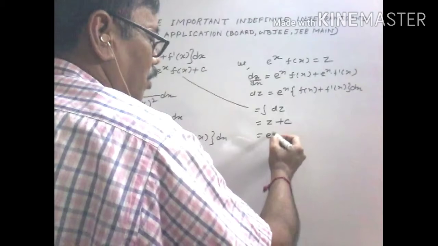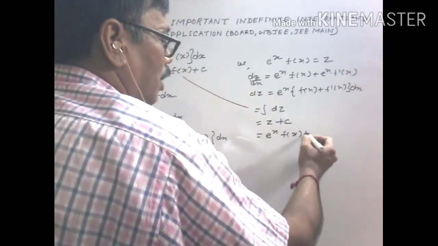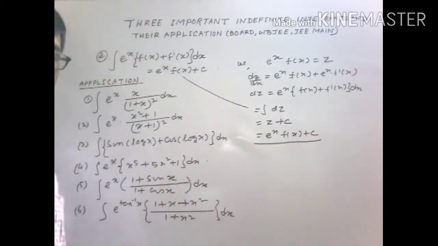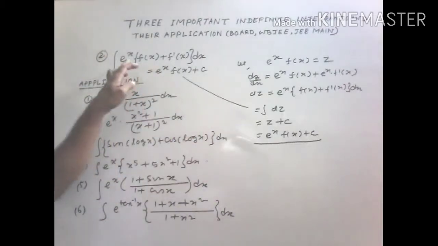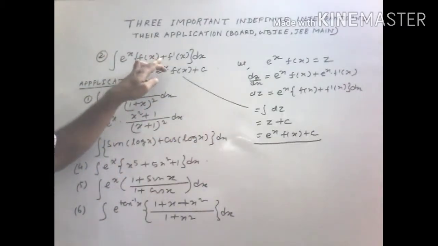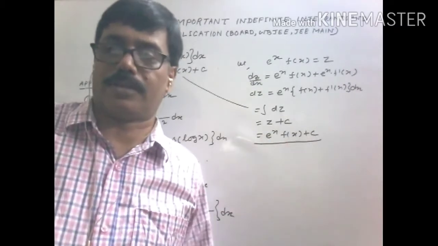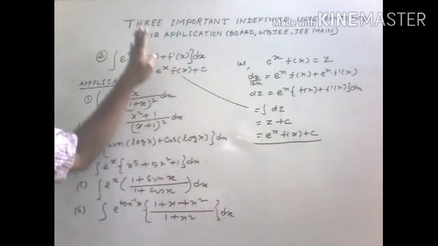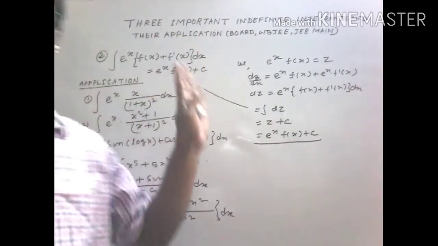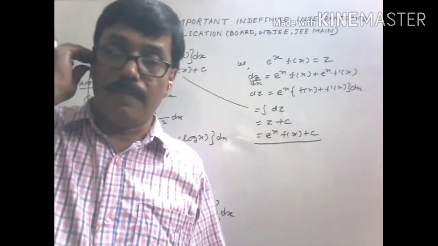What is z? E to the power x into fx plus c. So e to the power x, the function plus its derivative, then the answer is e to the power x into fx. This is the most important integrand.